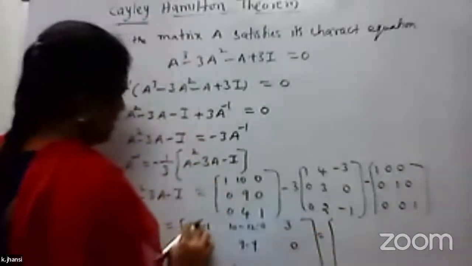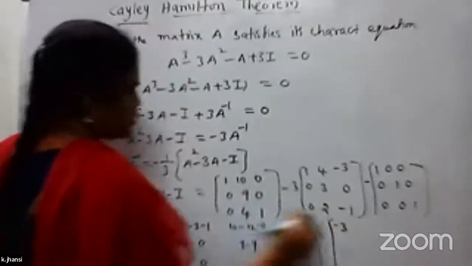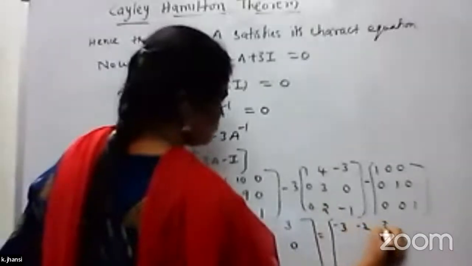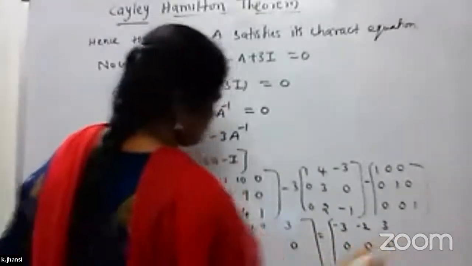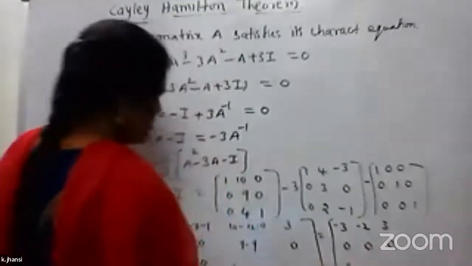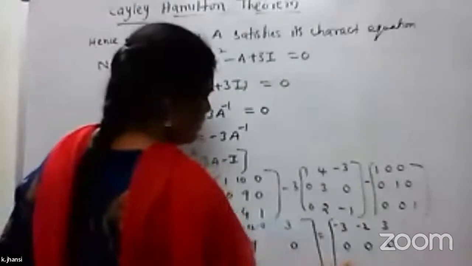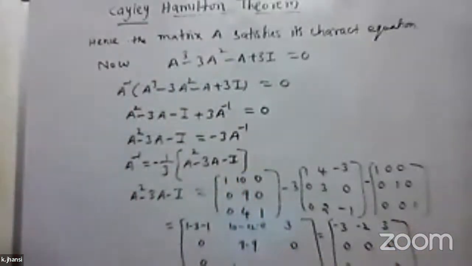Equals to 1 and minus will get cancelled, only minus 3, 10 minus 12 means minus 2, 3, 0, 0, 0. Next we will get 0 minus 2. 1, 1 will get cancelled, it is 3. Here 1 we have to go.